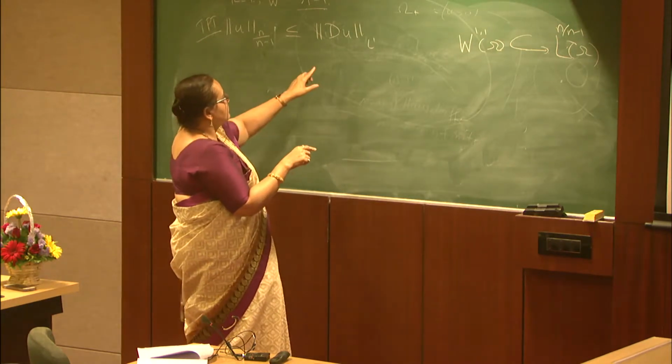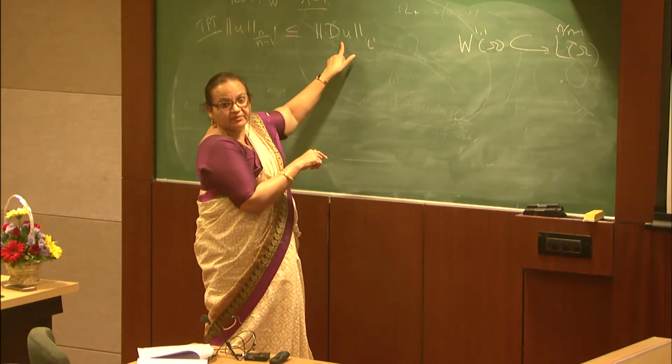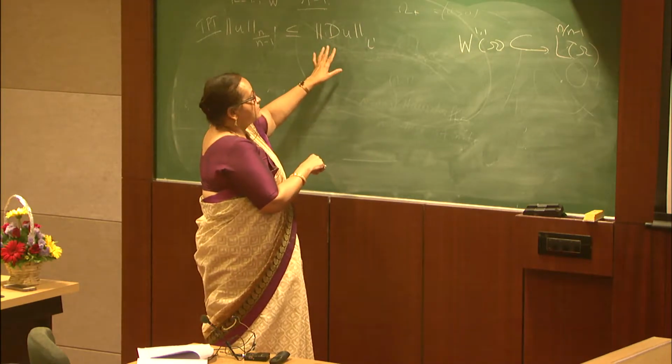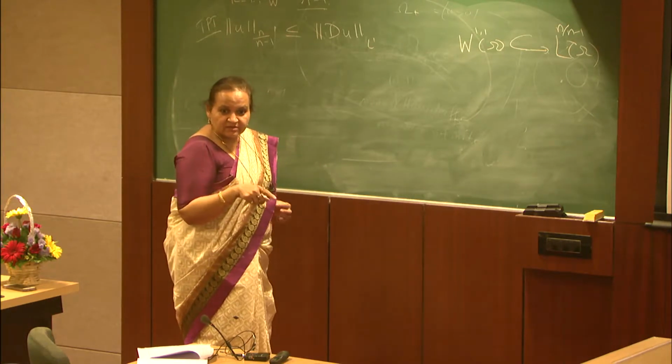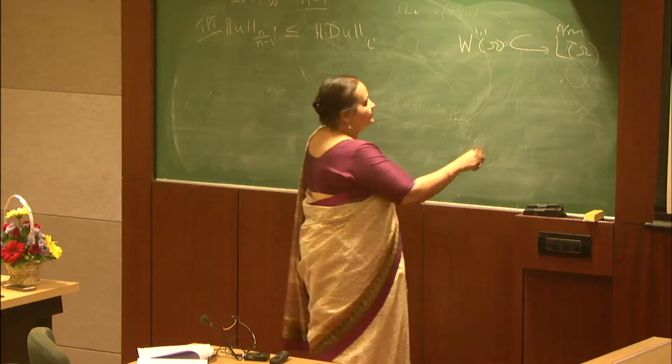So here, this is W1,1, the first derivative belongs to L1, right? And if you look at it in terms of functionals, what you are showing is that this particular map is bounded.